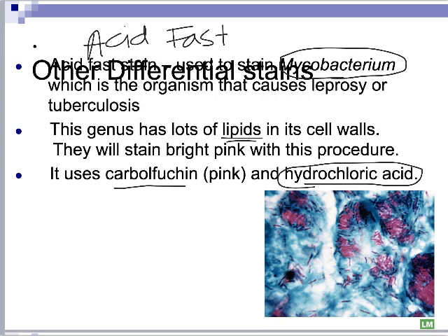And so the bacteria will then end up being pink. This is a sputum sample from somebody with TB, and you're looking for these purple cells, or pink cells in there. That's the organism. They're not really water soluble, so the acid's going to help.